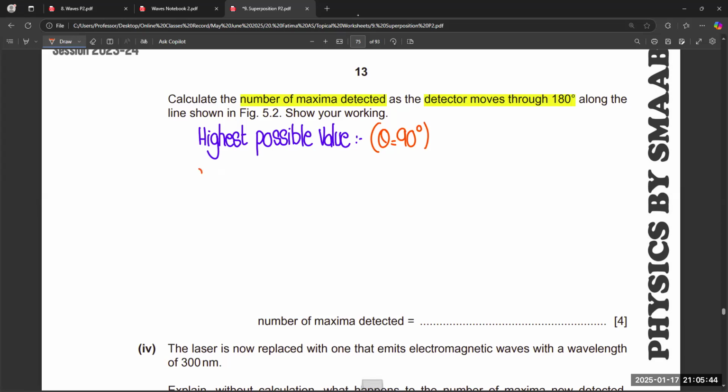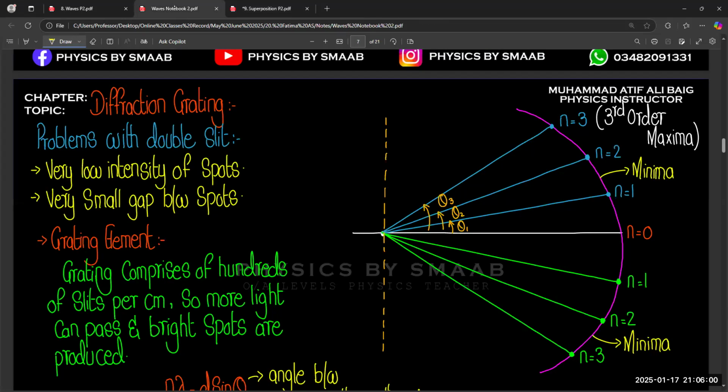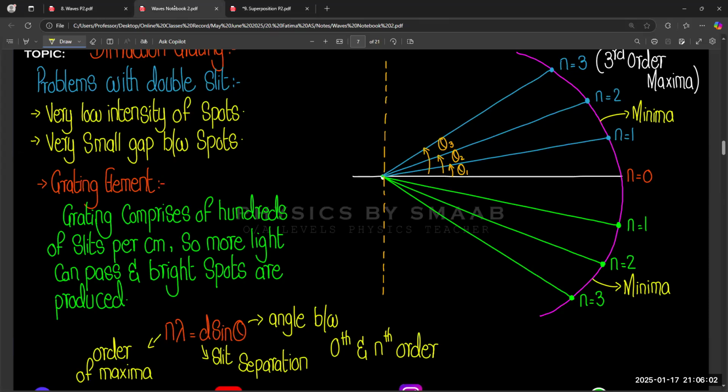According to the formula, d sine theta is equal to n lambda. And one more thing, the value of d represents the slit separation.